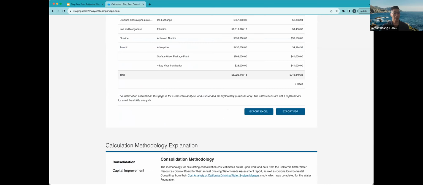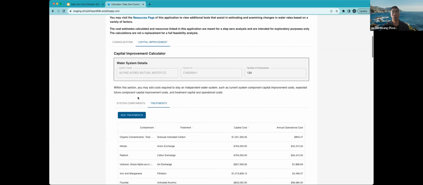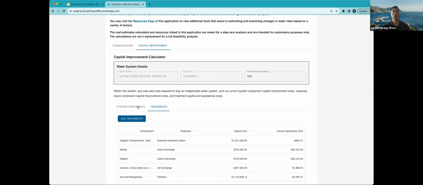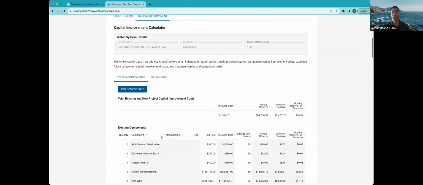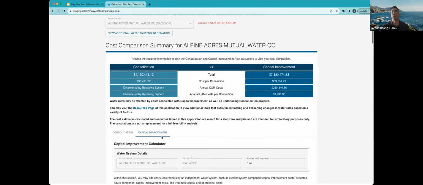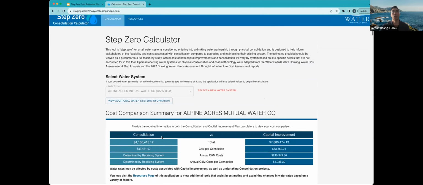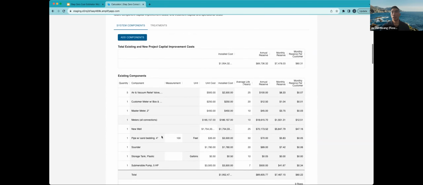And then again, I can pause here real quick for questions about the capital improvement side before going over to the last portion of the application, which is the resources tab.